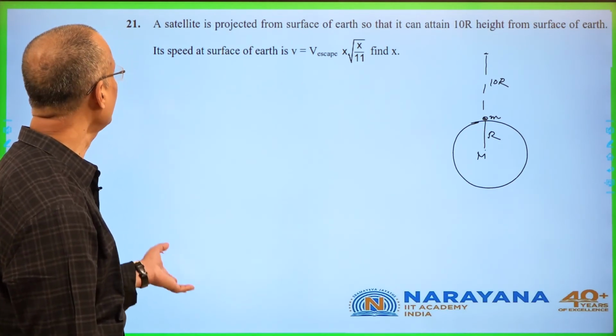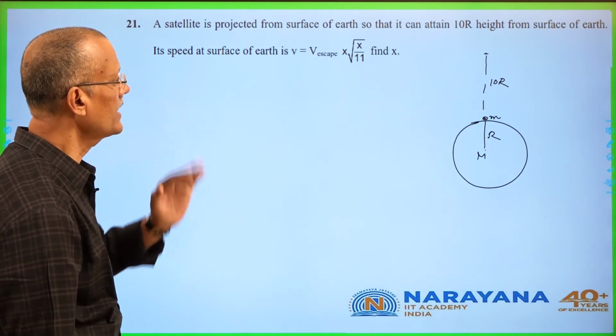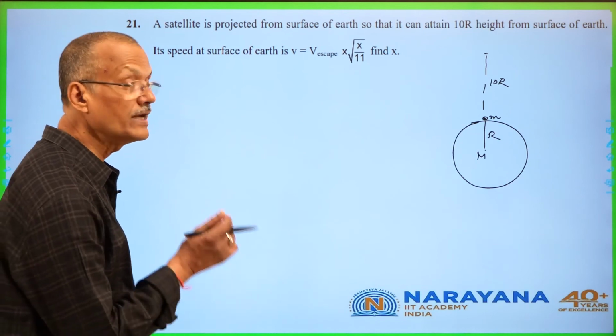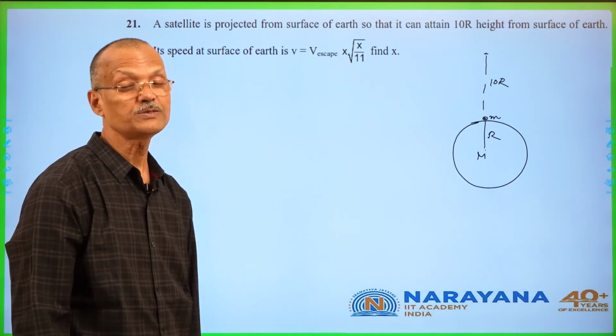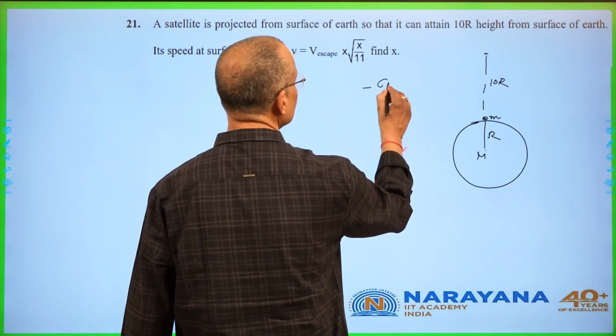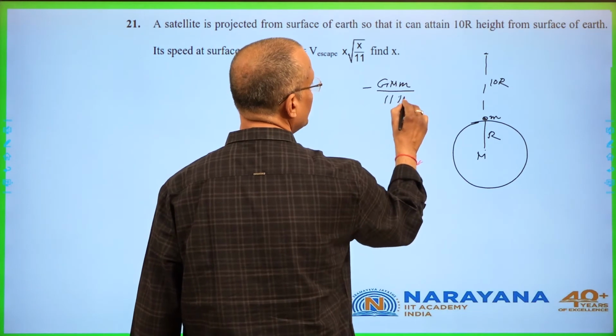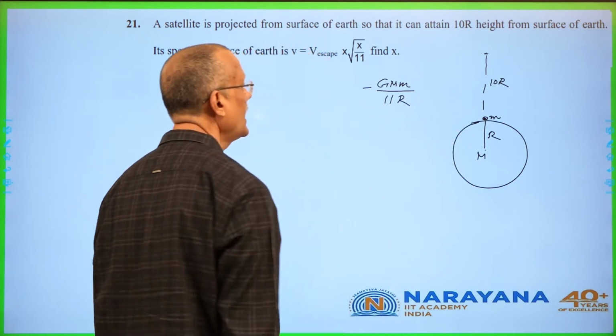So when it will attain 10 R height, how much potential energy satellite will have? It will have minus GMm by 10 plus 1, 11 R.